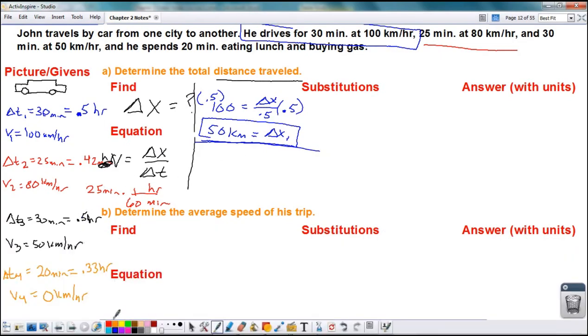Right, part 2. John was going 80 kilometers per hour. We don't know how far he went, but he was going that speed for 0.42 hours. Multiply both sides by 0.42 hours, and in part 2 we will determine that John went 33 6/10 kilometers.